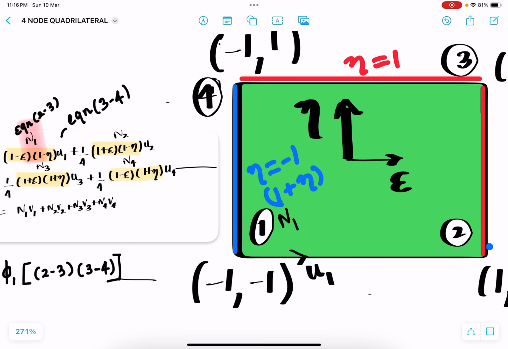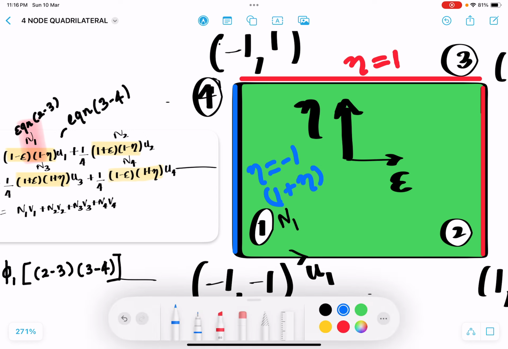So it should be the product of the two lines, the line 1, 4. And what is the equation of the line 1, 4? Well, oh my goodness, I just made a mistake. Please forgive me. The equation of the line 1, 4 is not eta is equal to minus 1.